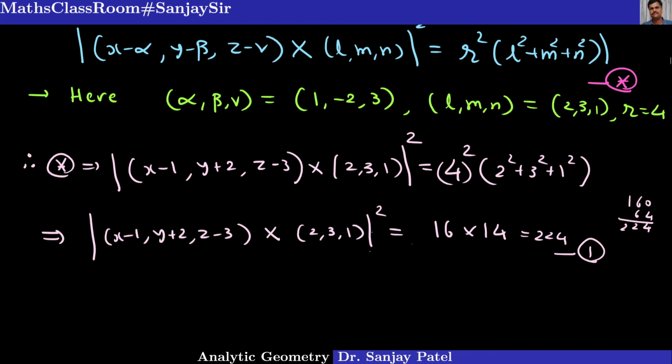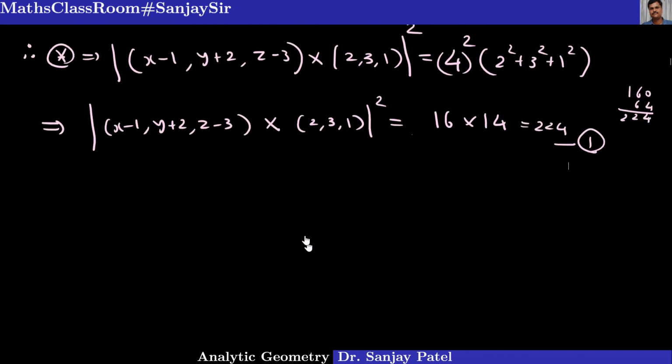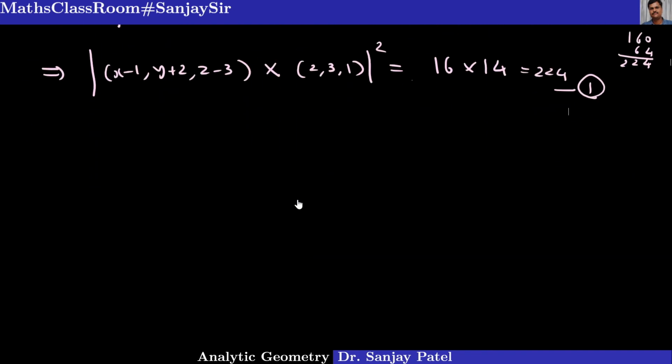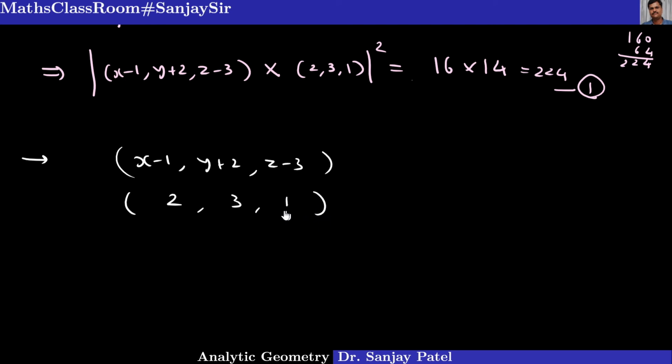What remains is just simplifying this cross product. So first of all, I will find separately this cross product. You can always write it this way: x minus 1, y plus 2, z minus 3, one vector, and the second vector in order you have to write just below this to find the cross product of these two very easily.